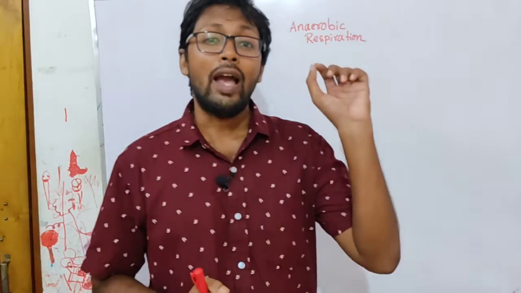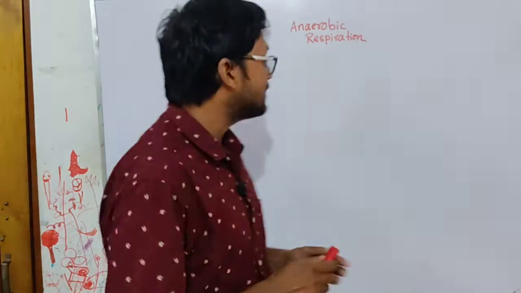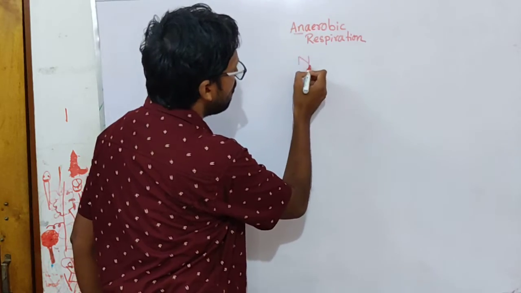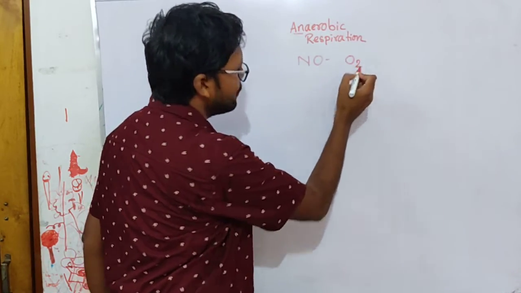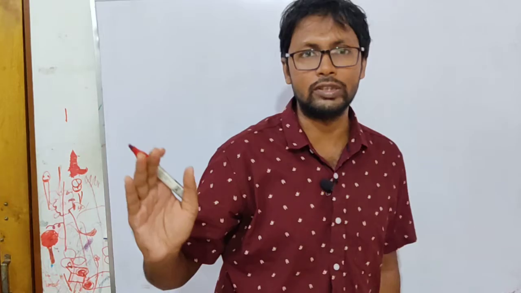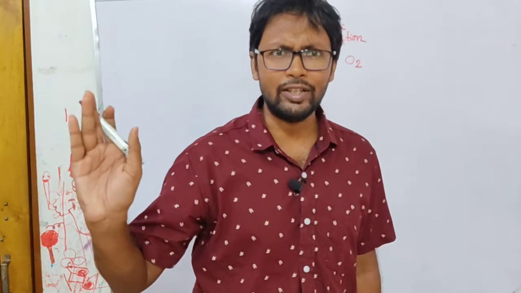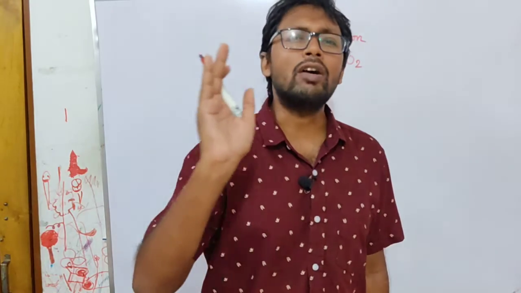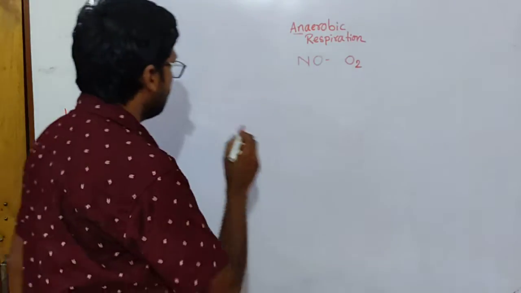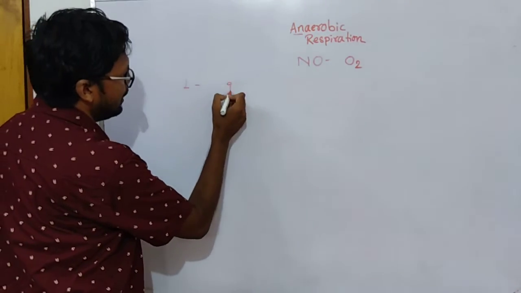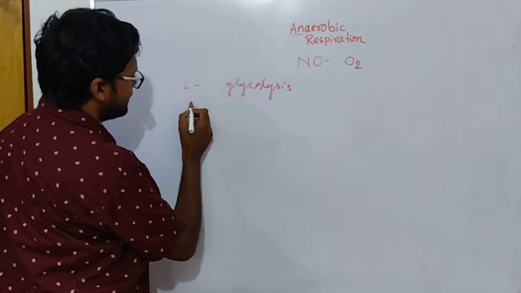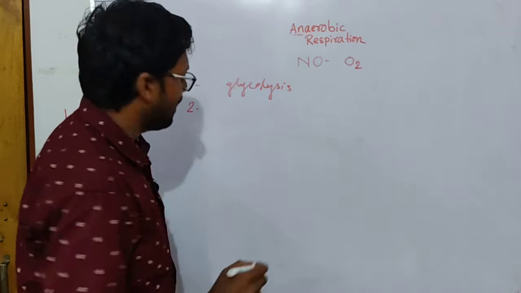Anaerobic means no oxygen is required for the breakdown of a glucose molecule. A glucose molecule, when broken down, occurs in 3 steps. We know the first step is glycolysis.